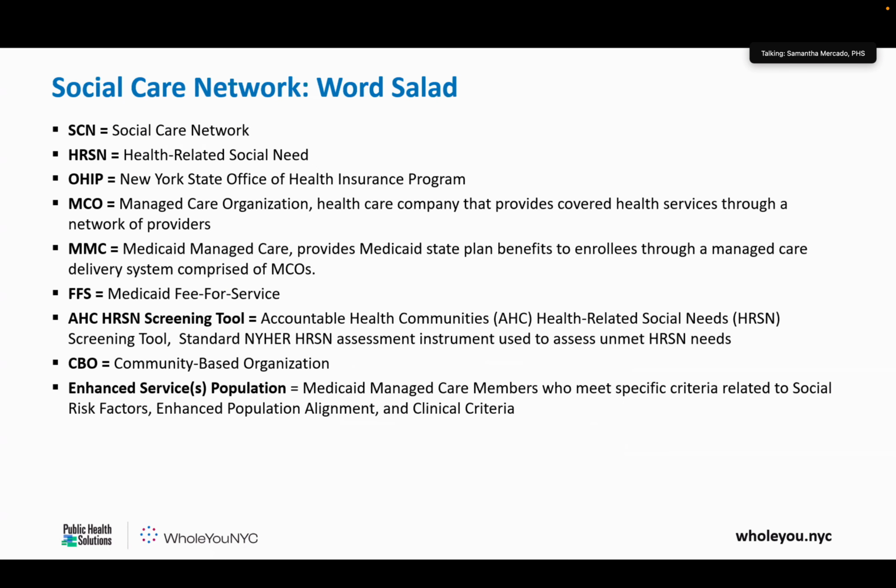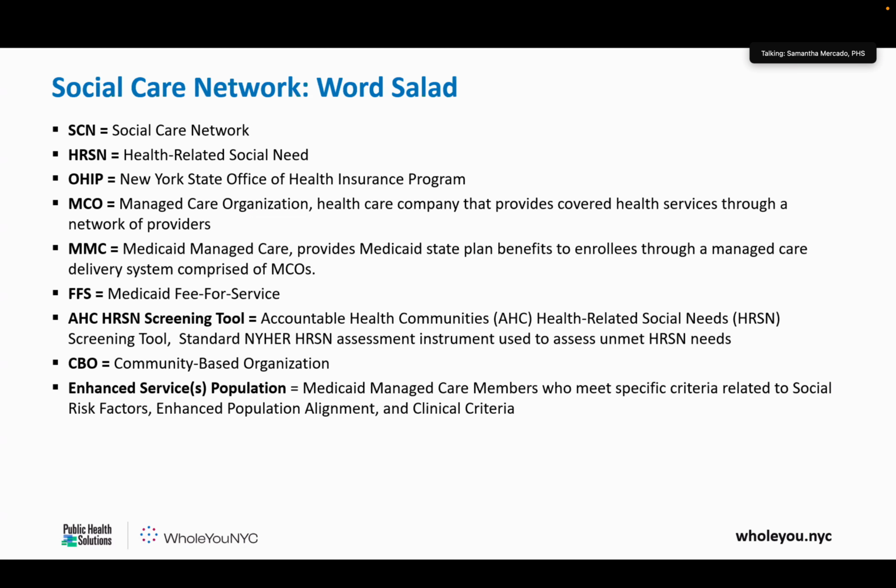So to go over the word salad: SCN is Social Care Network, HRSN is health-related social needs. OHIP is the New York State Office of Health Insurance Programs. MCO is a managed care organization. MMC stands for Medicaid Managed Care. FFS stands for Medicaid Fee for Service.